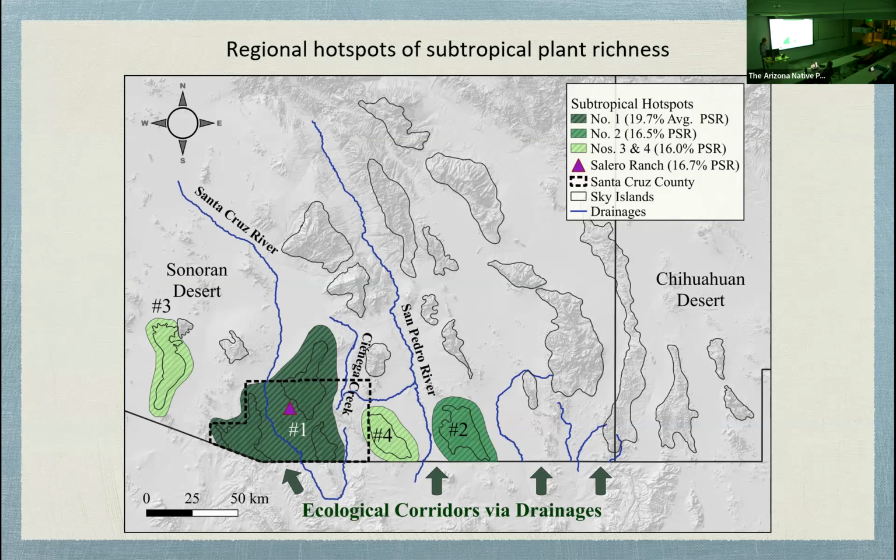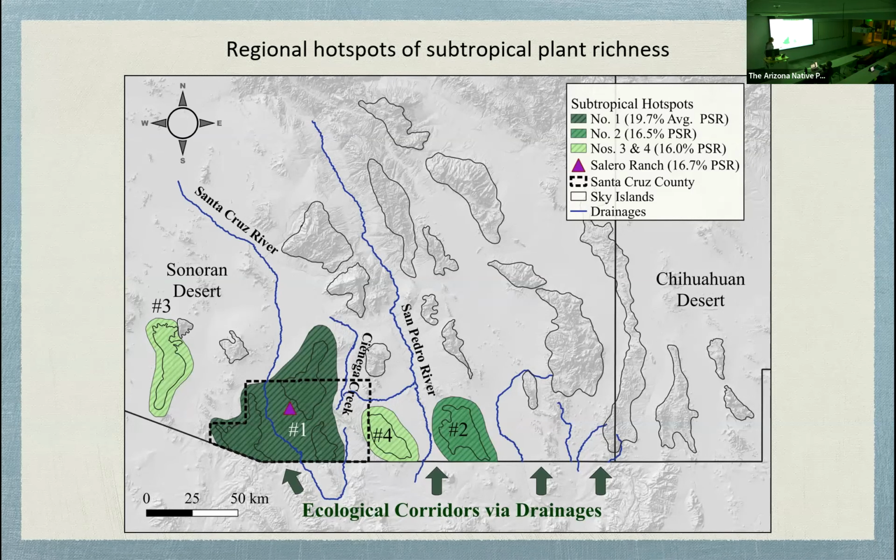Some of them do bleed off into Pima County as well, but all of the subtropical richness within this hotspot occurs within Santa Cruz County. So the greater takeaway is that Santa Cruz County is the epicenter for richness and provides an interesting area of high conservation significance.